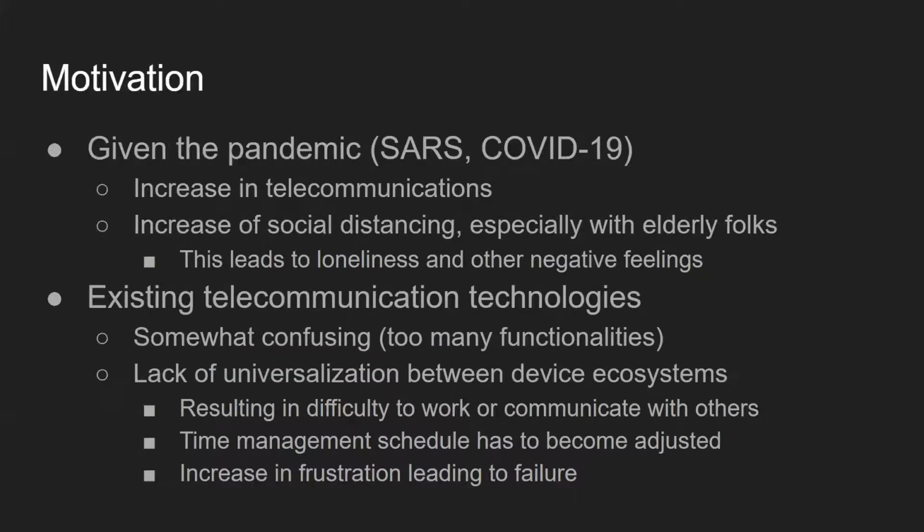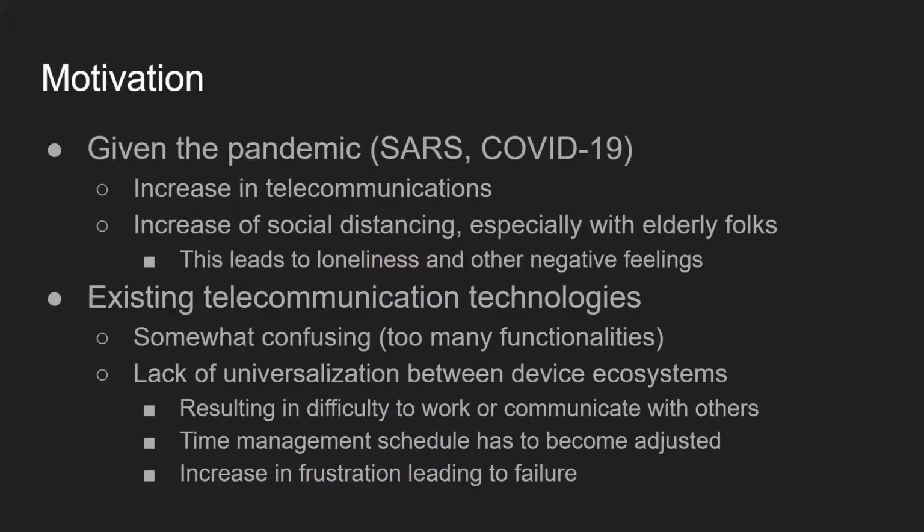So given the recent pandemic, we have seen an increase in telecommunications being used because of social distancing being necessary, and elderly folks especially have to be socially distant right now, and they don't really know how to use these technologies. They are a little bit too confusing, and there's also a lack of universalization between devices.